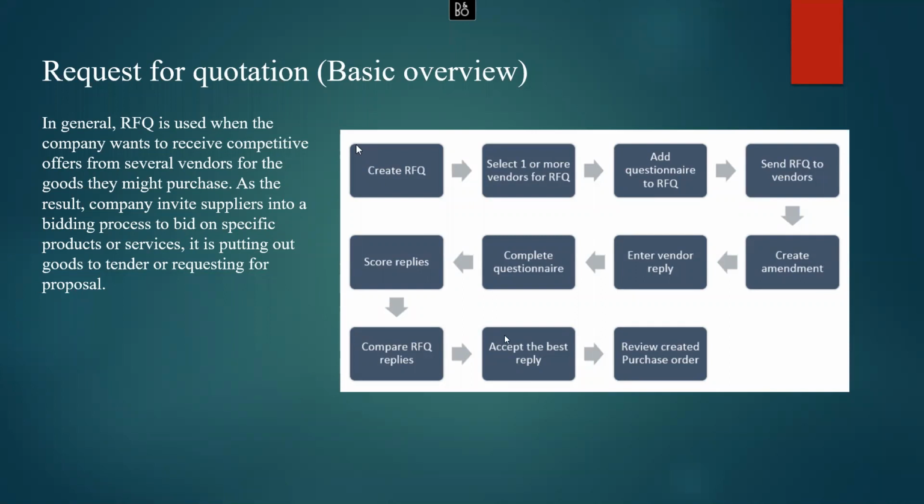So you can also score the replies, which we call replies in Dynamics AX. Then finally, we are going to compare the request for quotation replies. This is going to come in a very nice sheet where all the vendors and all the total prices will be showing up. So it's a kind of comparative statement. You can compare the replies and then you can accept the best reply, and obviously the purchase order will be created. So this is the overview process of request for quotation.